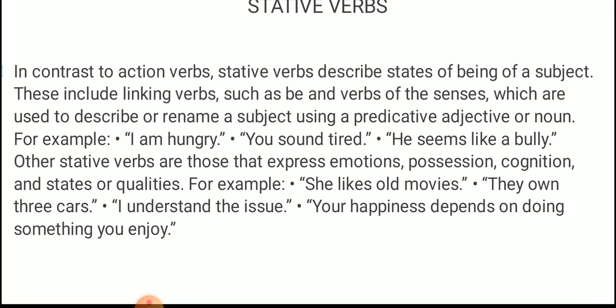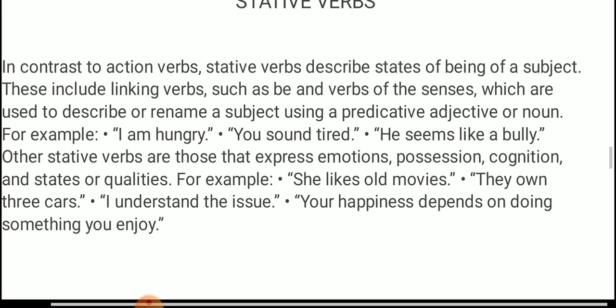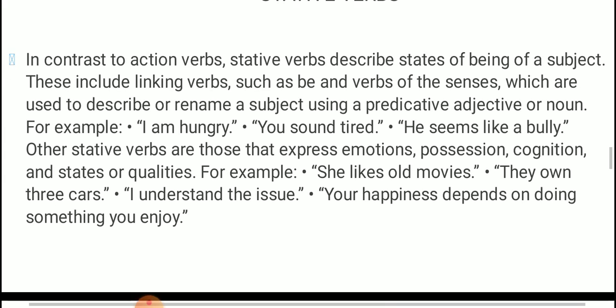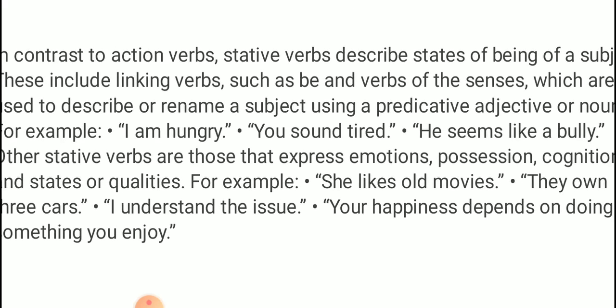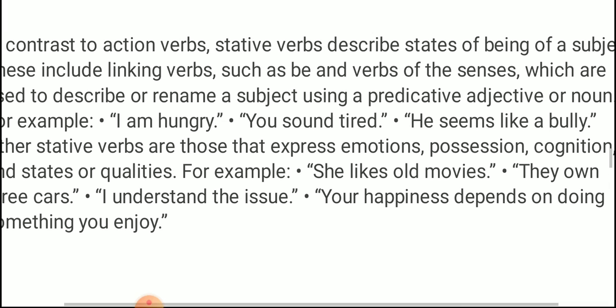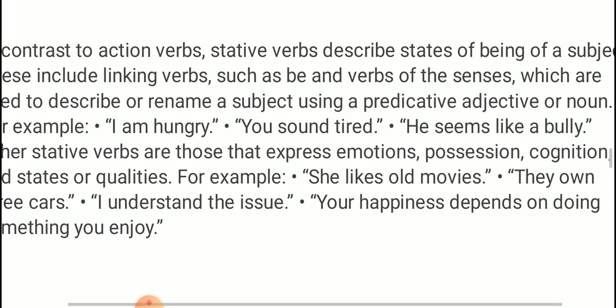Predicative adjectives, you already know, are the kind of adjectives that are used to describe a noun, but they are used after the particular noun, not before it. For example, I am hungry. You can see here I is the subject, am is the auxiliary verb, hungry is a stative verb. You sound tired.